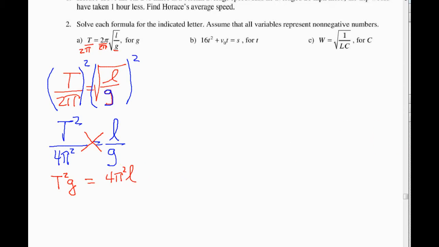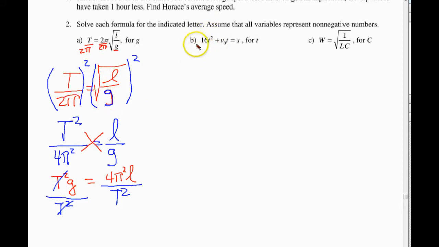Yes, we are. Because now if we want G, all we do is divide by T squared. These cancel out, and there's my answer. And this is a T. There we go. So not too bad. And again, they don't show me how to do this. I had to do it.